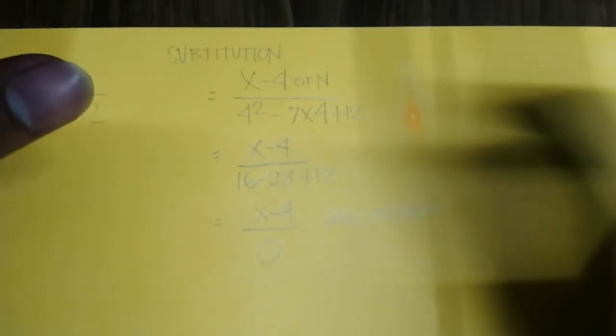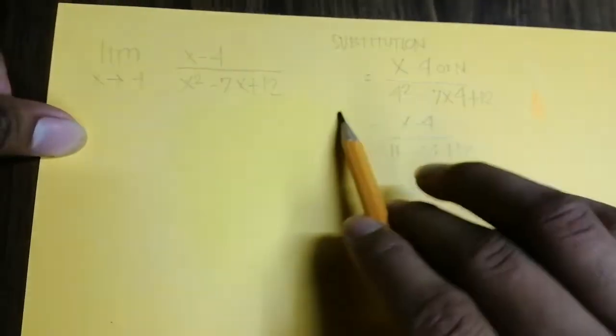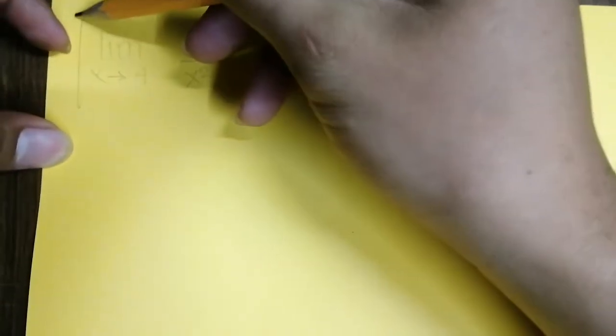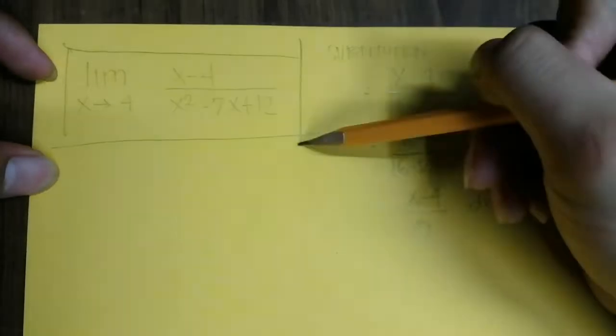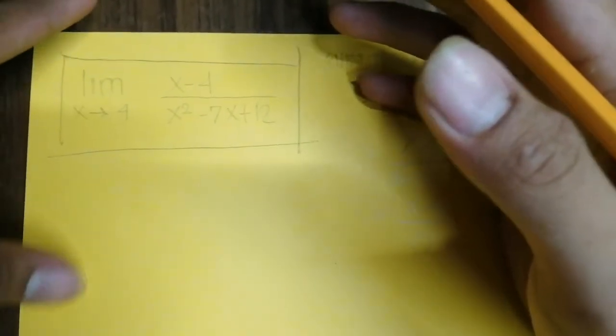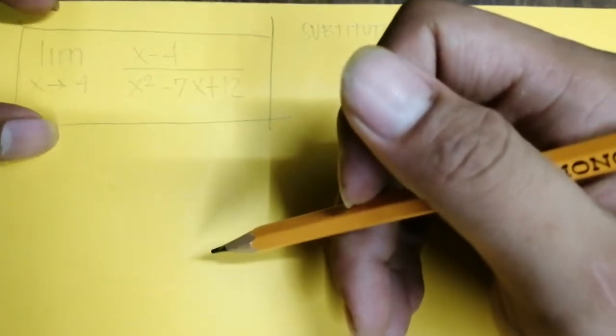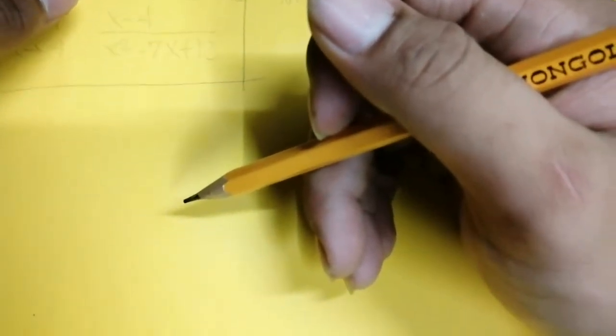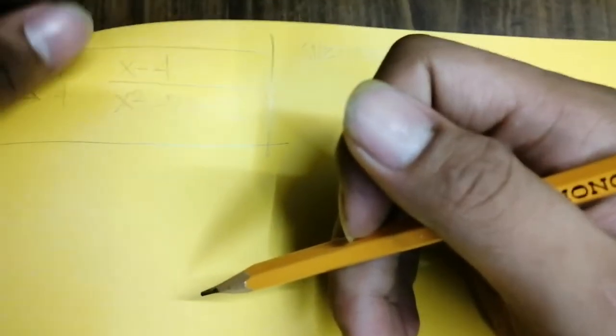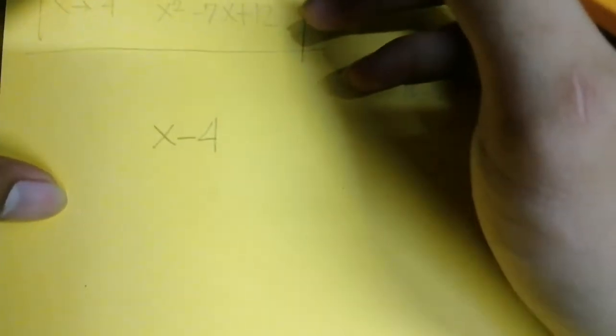Looking at the function, we know the numerator is x minus 4, and we factor the denominator.